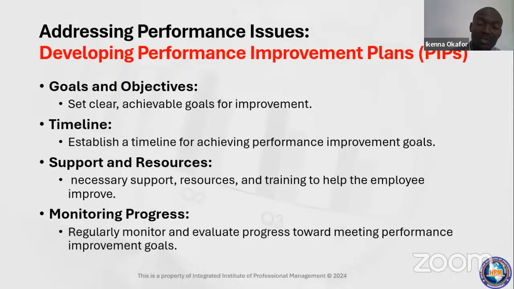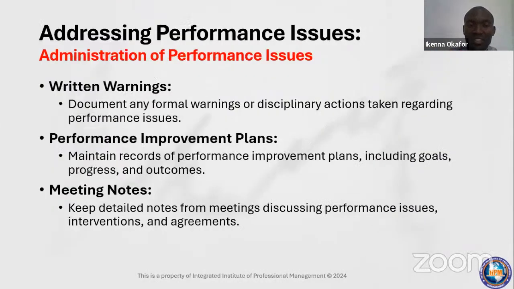The time is usually within 3 months to 6 months. Within that period, give the person maximum support he or she needs, monitoring the progress. After that, you appraise those people and move them out of the performance improvement plan, or you extend it, or you send them out of the organization as your policy states or as it pleases the company based on guiding principles.